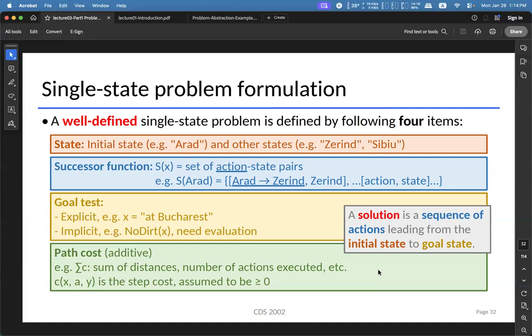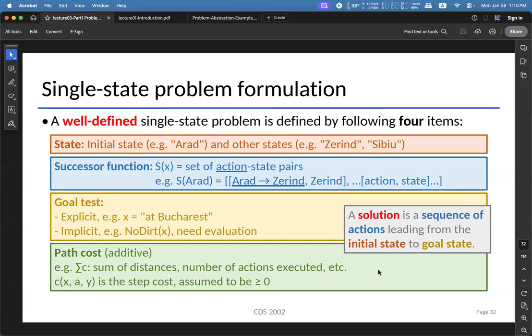Essentially, the solution is to find a sequence of actions that goes from the initial state to the goal state. But we still haven't defined what the goal state of our problem is, and the goal state can be defined by a function that tests whether the state is a goal state.